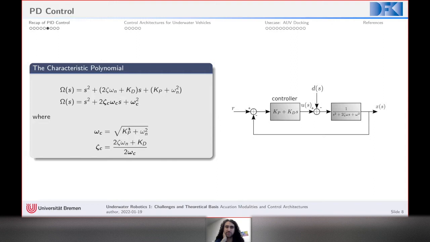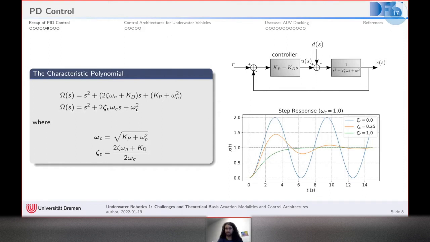So omega c is just the square root of this term, and then you can calculate that zeta c is basically the old relative damping and natural frequency term, plus Kd over 2 omega c. This way I can choose whatever new natural frequency and new damping ratio of the system, and then based on that, I can use these equations here to calculate the necessary gains, the proportional and the derivative gain, that I need to control this system.